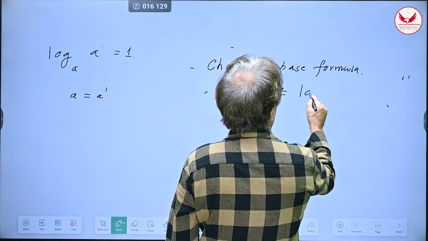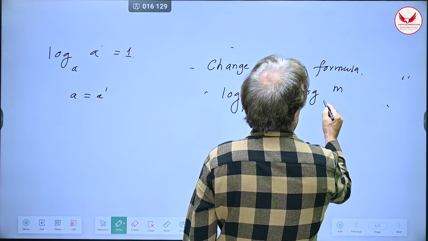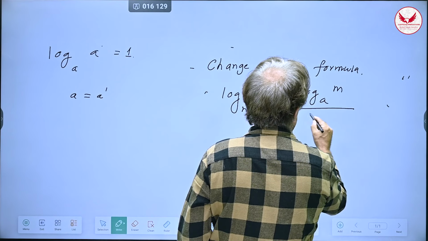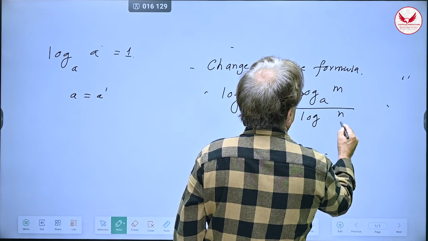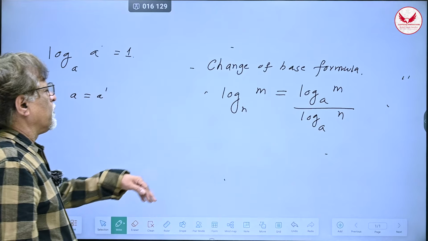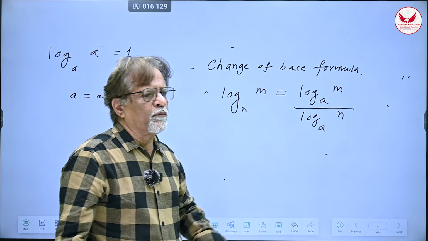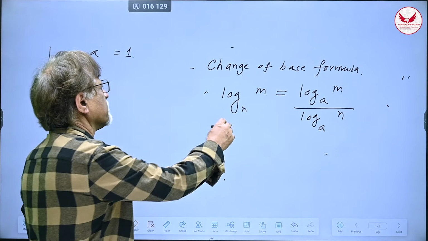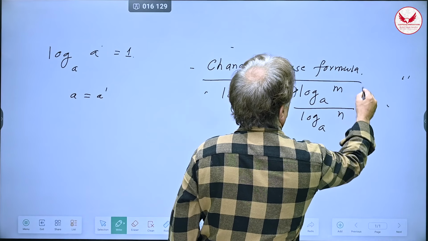So that means log of m, I can change it to the base a, divided by log of n to the base a, right? So instead of base n, I can change it to base a, but provided the law is this. So this is called the change of base formula.